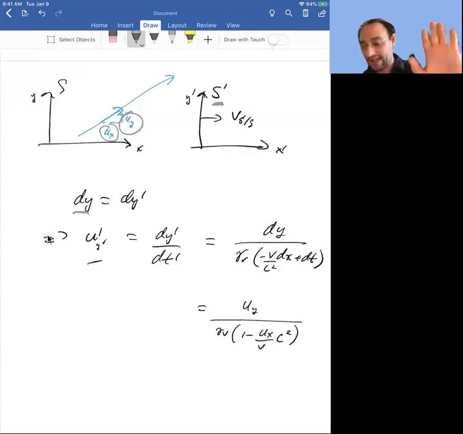That's true. So dy equals dy prime, but dt is not equal to dt prime, you see? So therefore, the vertical component of velocity in frame S prime is dy prime over dt prime. And while dy prime equals dy, the element of time is not equal to dt. And so you have this kind of a denominator.